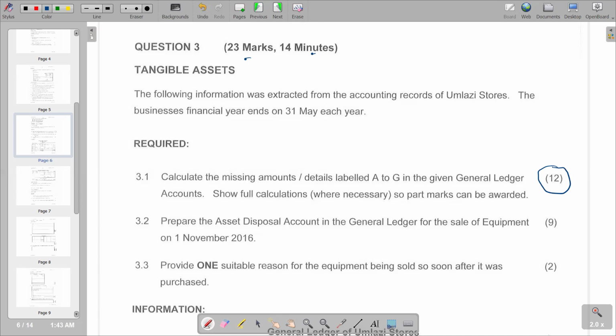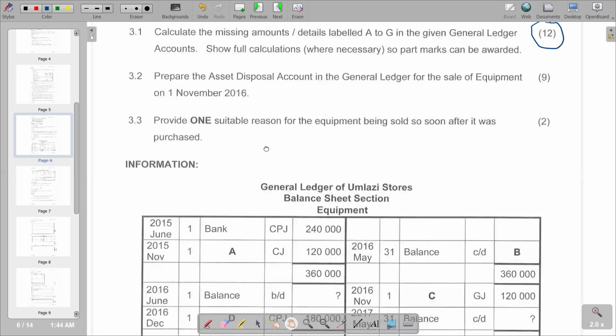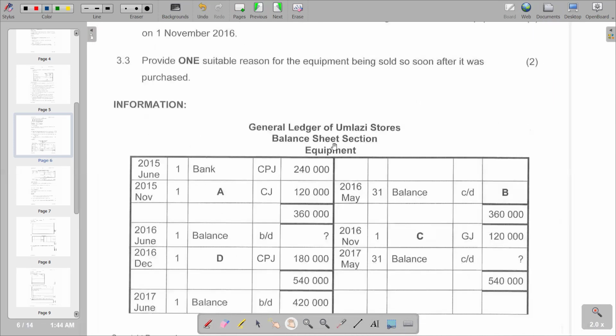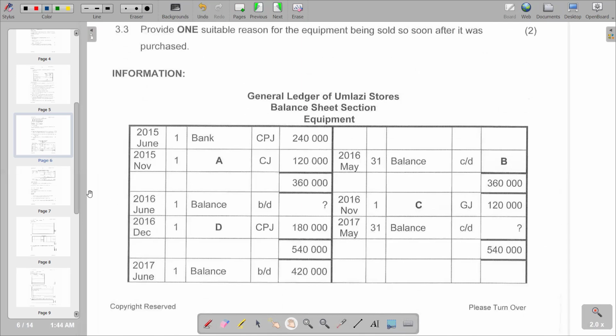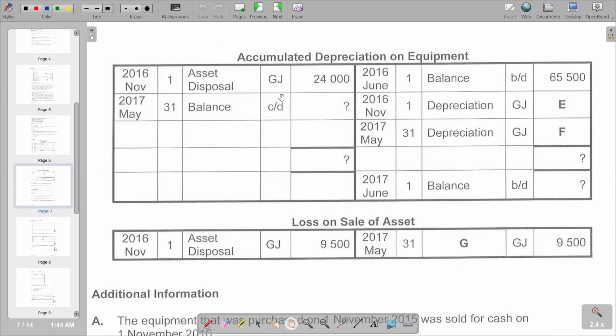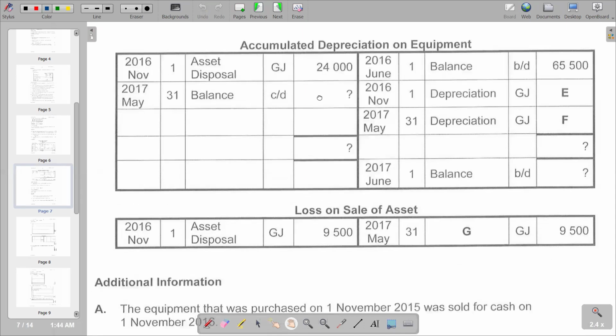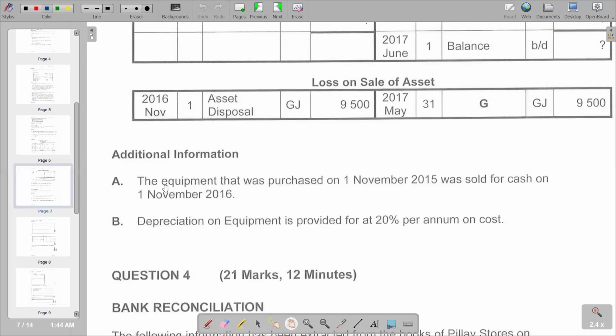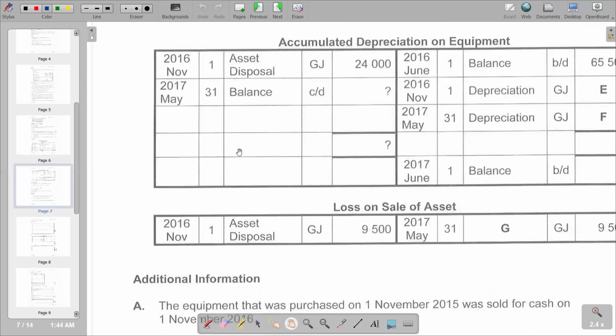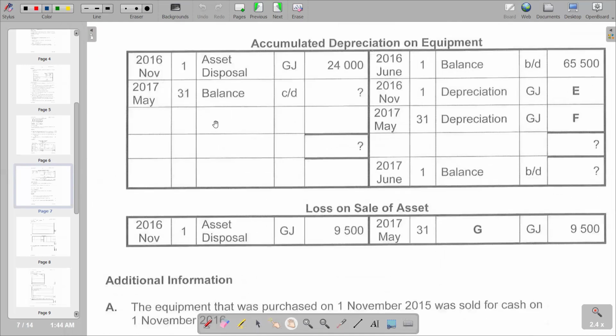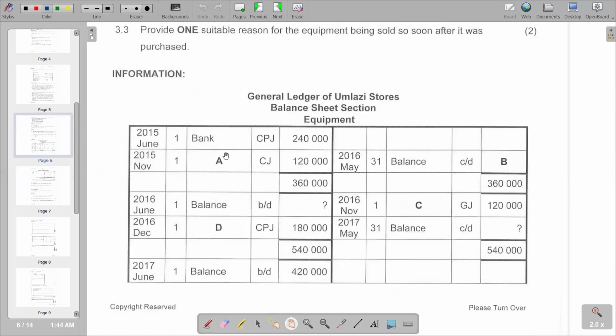And then we now go to the information given. According to the question, we're given the general ledger of Umla Stores, balance sheet section, equipment. That's where we've got the missing figures. And we also have a continuation of the missing figures. Then we have additional information, A and B, that are going to help us answer the question. So we start with our A, whereby we've got 120,000, and we have CJ.